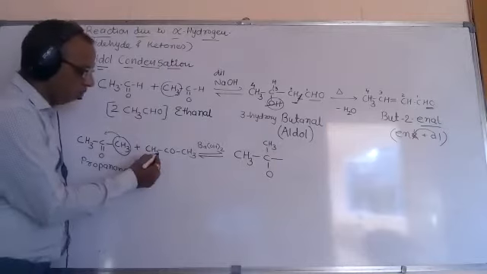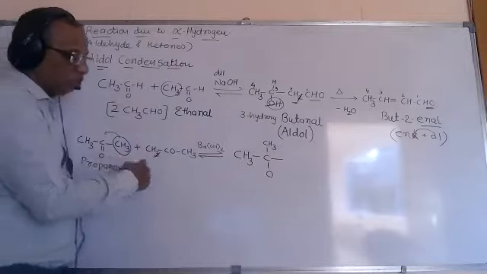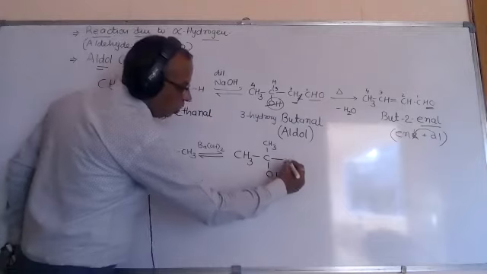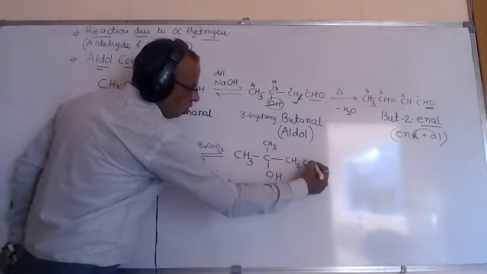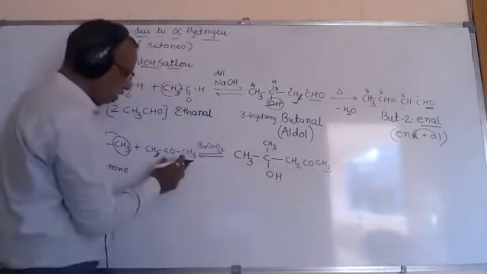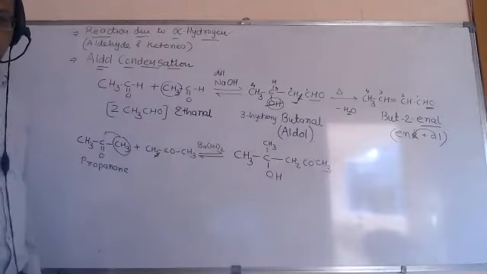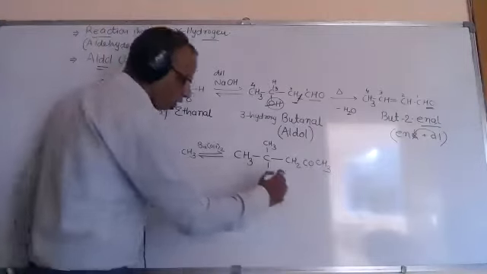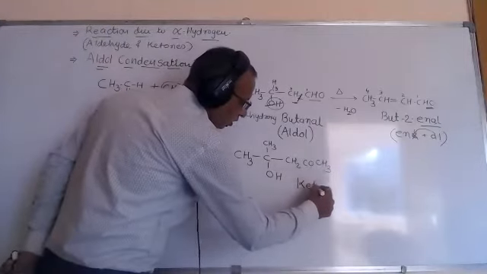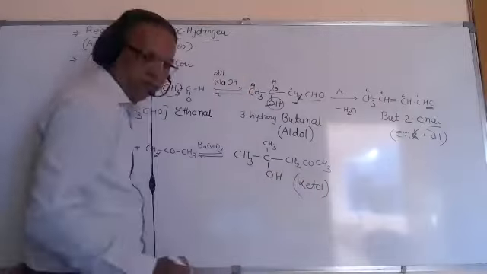And from this CH3, one H will join here. So this is CH2, CO, CH3. This part is attached as it is. This product is called ketol.